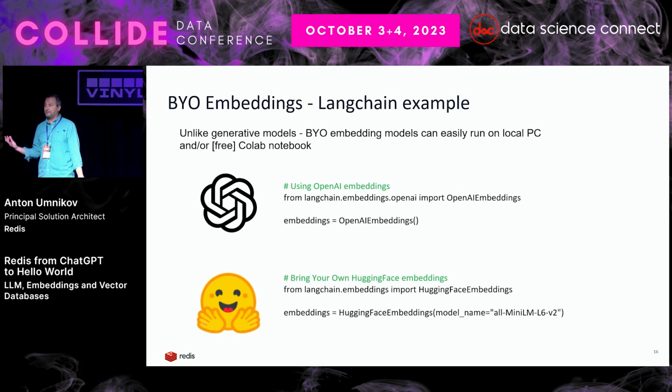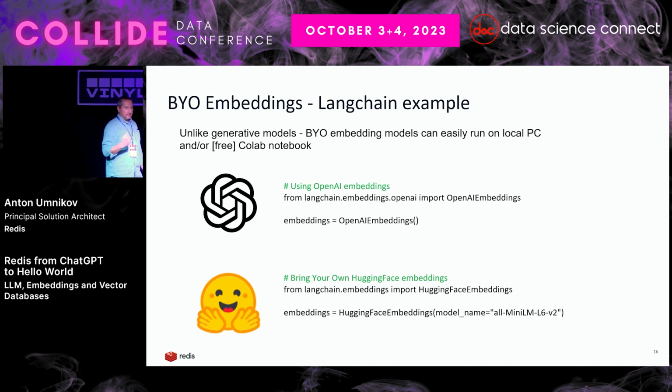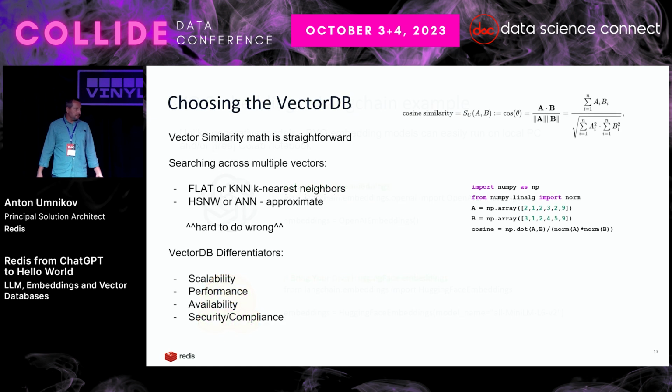If you're using high-level frameworks such as LangChain, it's 2 lines of code to enable OpenAI embedding, 2 lines of code to enable Hugging Face embedding. So seriously consider bringing your own embeddings if you build a Retrieval Augmented Generation project.